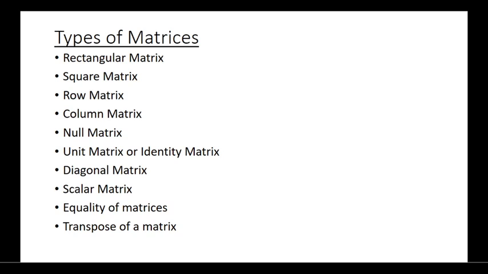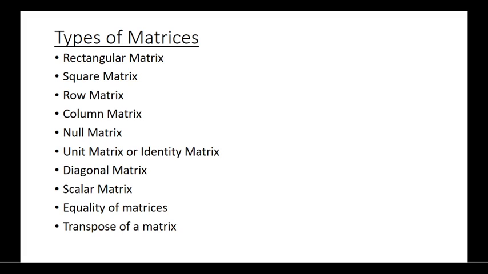The second condition is that each element of A is equal to the corresponding element of B. That means the first element in the first matrix is equal to the first element in the second matrix. Every element of A is equal to the corresponding element in the second matrix. Only then do we call such matrices equal.